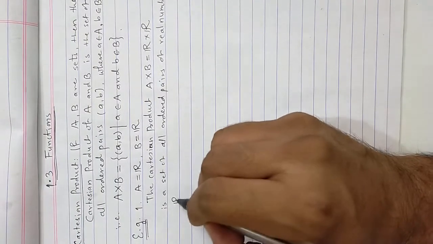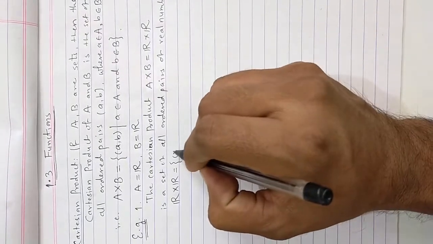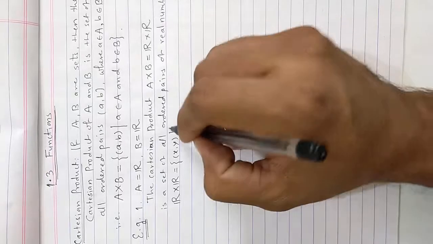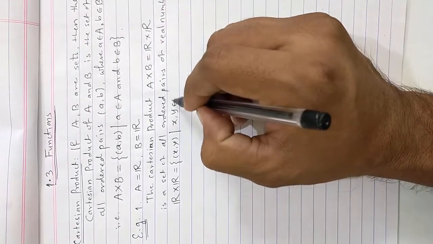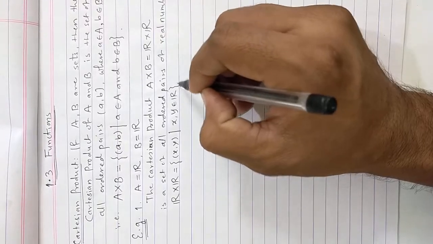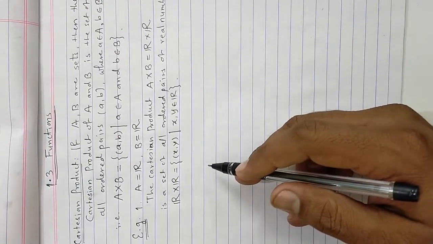That means we can write R cross R as the collection of ordered pairs (x, y) such that x is a real number and y is a real number. So x and y both are real numbers. So it is nothing but a plane, right?